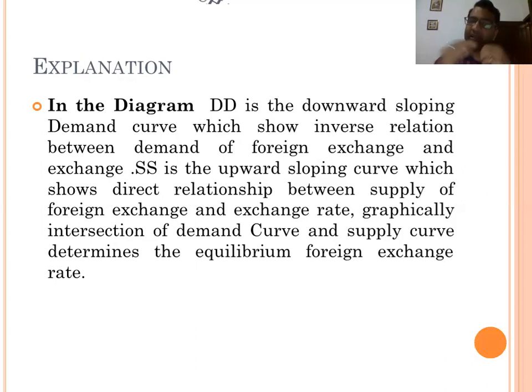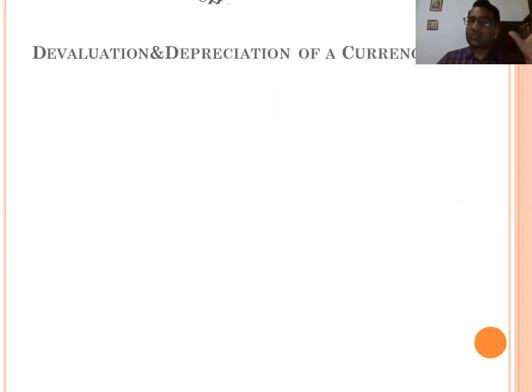It means the point where demand and supply intersect is where the exchange rate is determined. So when they ask in the exam, we prepare a diagram and also explain it in the same way.